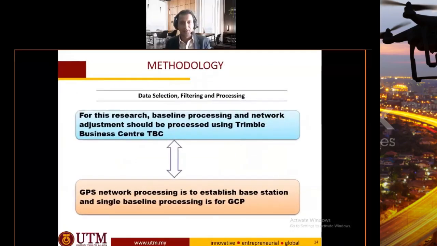Then data selection, filtering and processing. For the last part of the methodology, for this research, baseline processing and network adjustment should be processed using Trimble Business Center (TBC). And then GPS network processing is to establish a base station and single baseline processing for the GCPs.